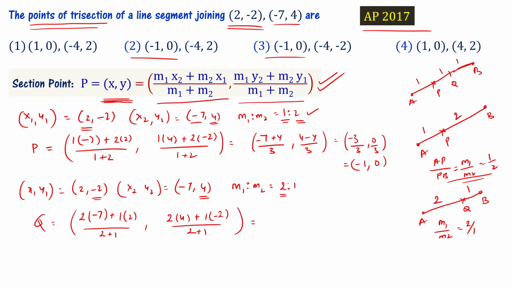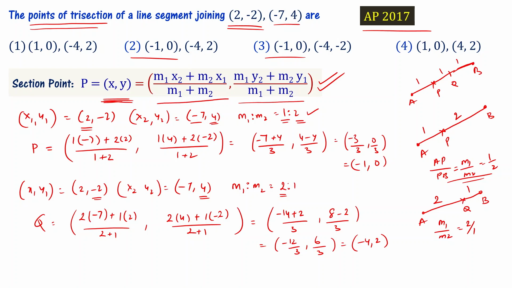This can now be written as minus 14 plus 2 divided by 3, comma, 8 minus 2 divided by 3. This can be written as minus 12 by 3, comma, 6 by 3. This is going to be minus 4, comma, 2.